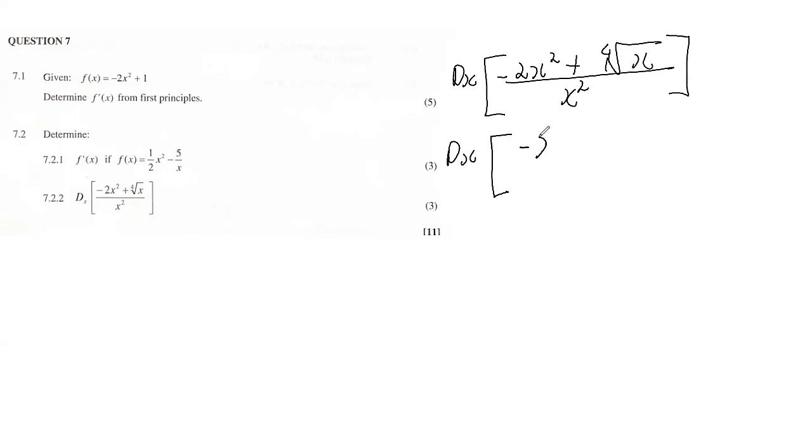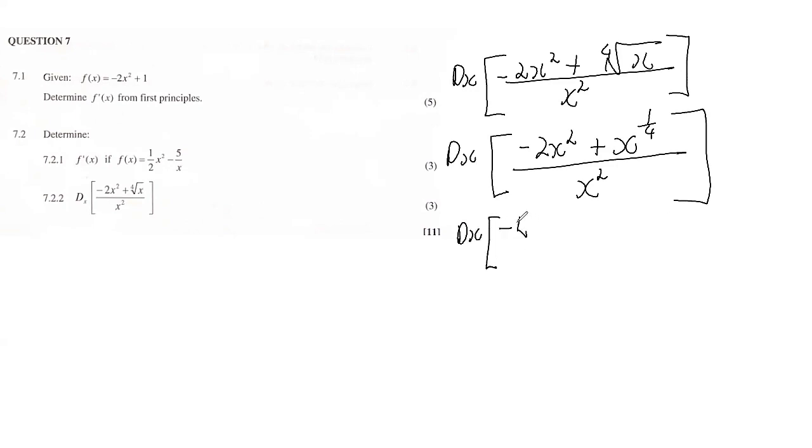So this is negative 2x squared, and then if we take this out from here, this will be x to the exponent of 1 over 4, all over x squared. Now, how can we deal with this? Let's not forget, this means all over x squared. So we can simplify this and write it as negative 2x squared over x squared, plus x to the exponent of 1 over 4 over x squared, right? And then at this point the x squared and the x squared will cancel out.